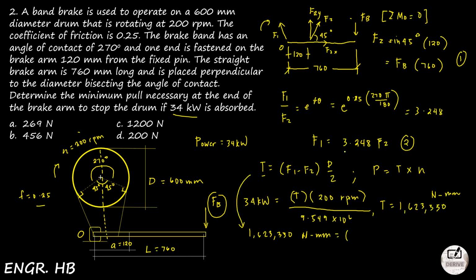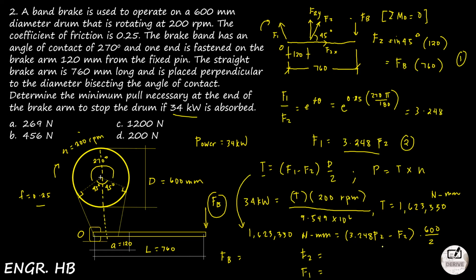So pwede nating diretso to guys. 3.248 F2 minus F2 times 600 divide 2. So get the F2 at makukuha mo rin ang F1 mamaya. At makukuha na rin natin ang FB. So ang F2 natin is 3.248 minus 1 muna agad.